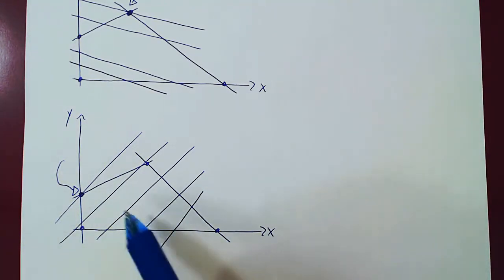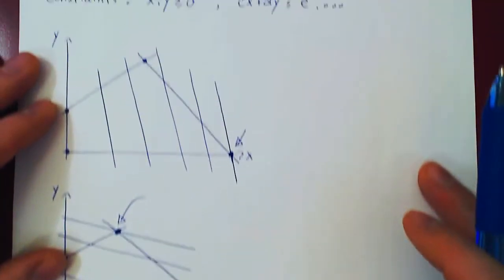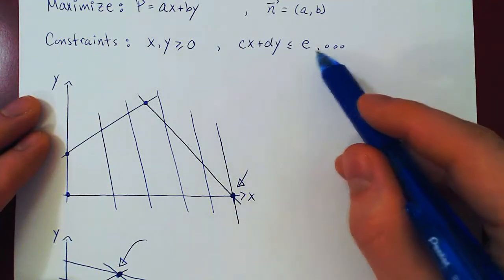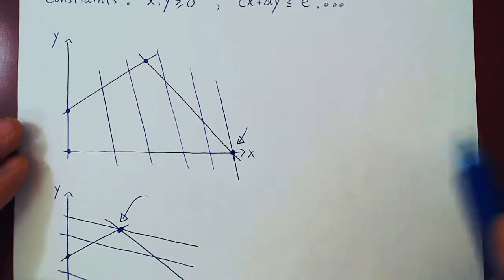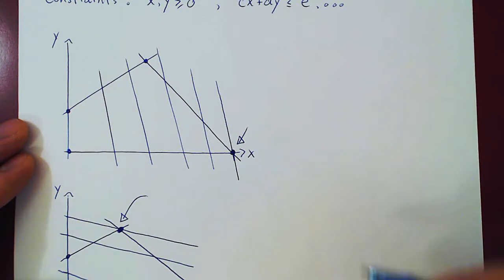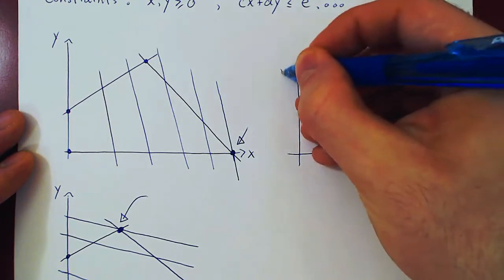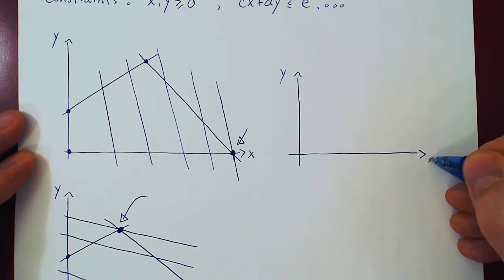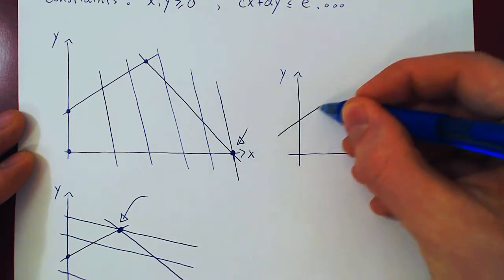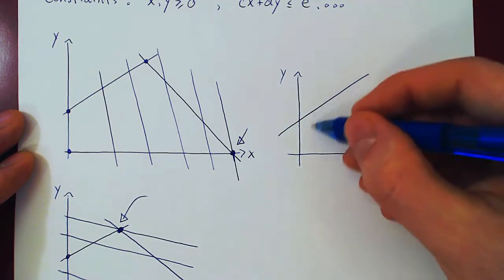You can imagine if we had more constraints of this type, the only difference is we'd have a region with more edges. So you could have a line like this, and we'd have to be below this line.